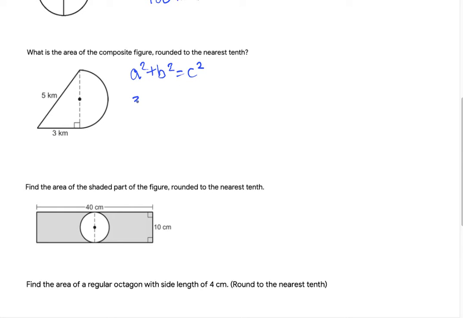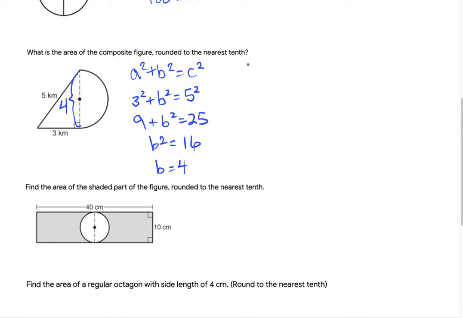So I have 3 squared plus b squared equals 5 squared, and I get b squared equals 16. So b equals 4. So this whole length is 4.